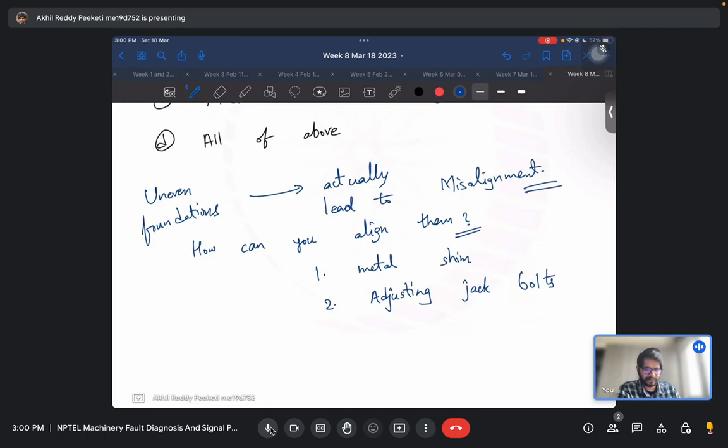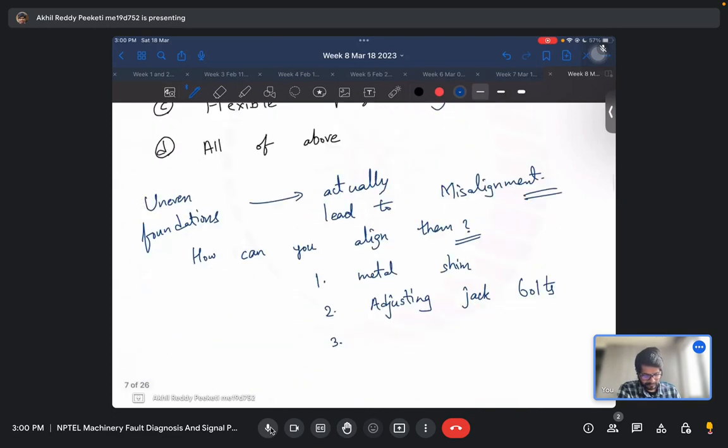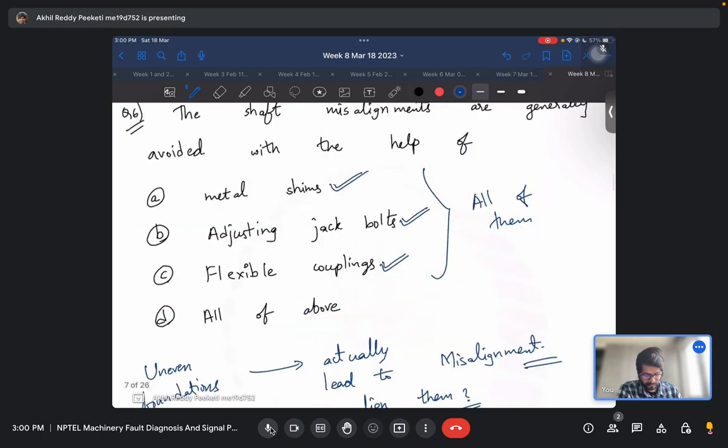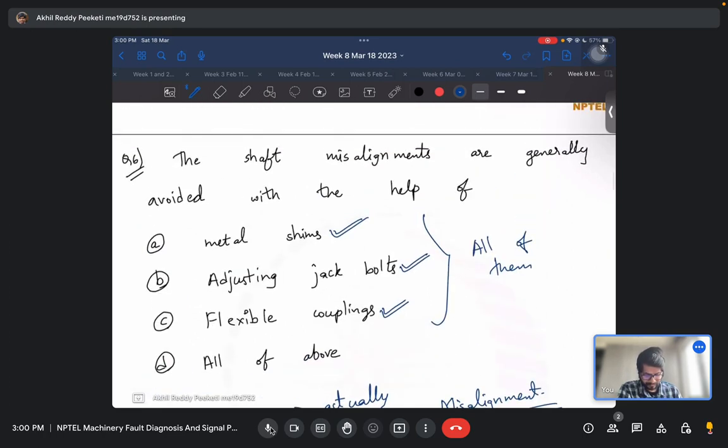With the help of metal shims and adjusting jack bolts, you can bring the other shaft to be in the same axis as the one of the shafts, making them aligned. And flexible couplings will also help in that. So the answer here is all of these three.